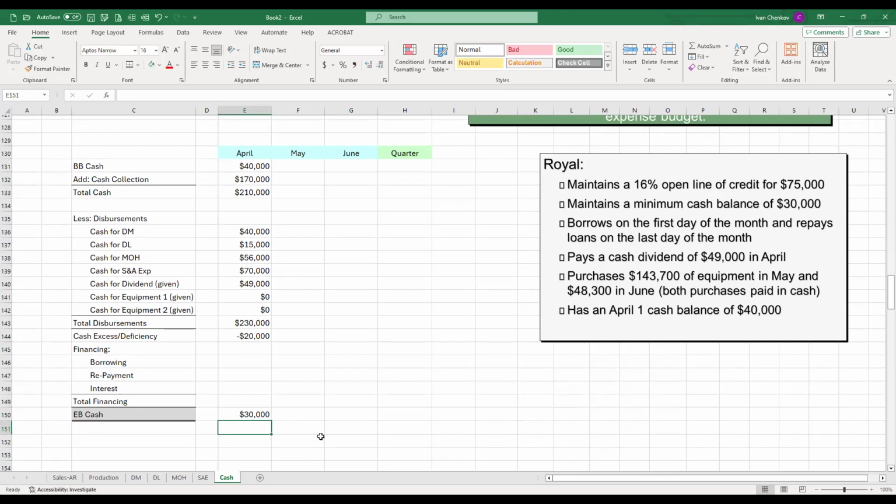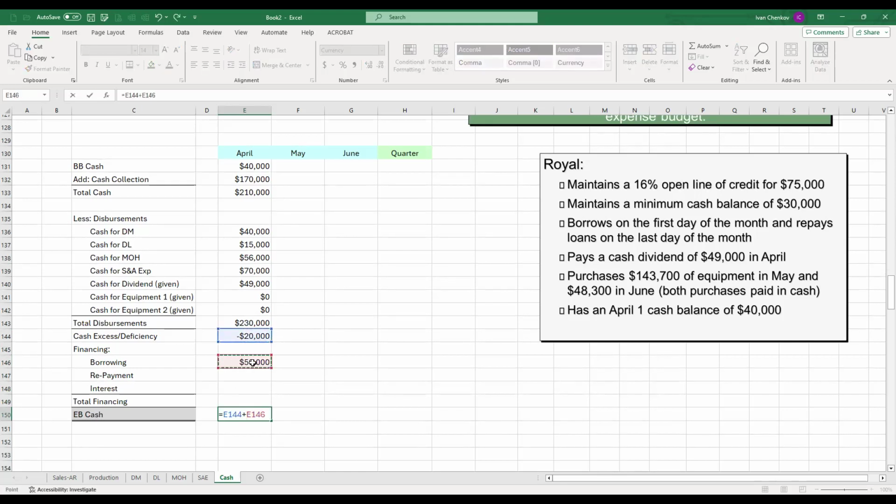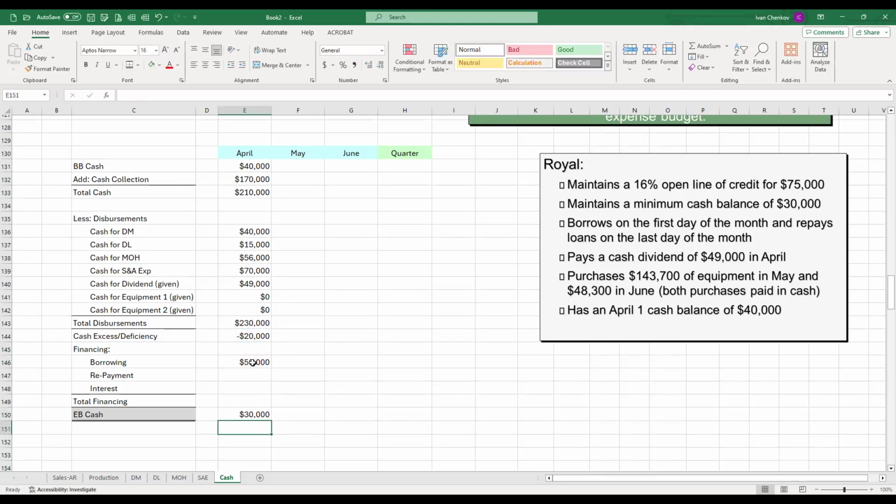How can I make it equal to 30,000? I have to borrow. How much do I need to borrow? $50,000. So if I borrow 50,000, this one plus the 50,000 is going to give me $30,000.